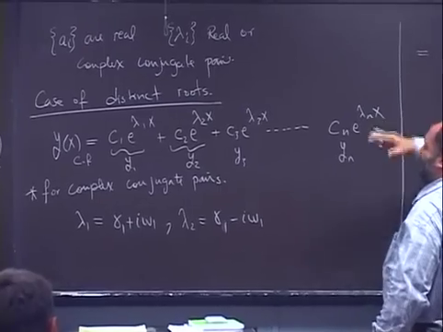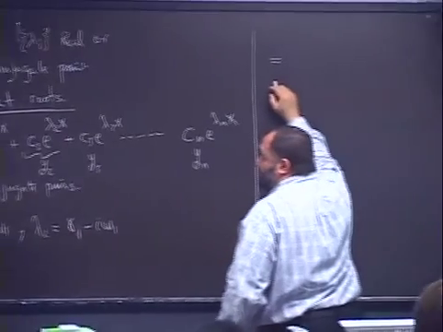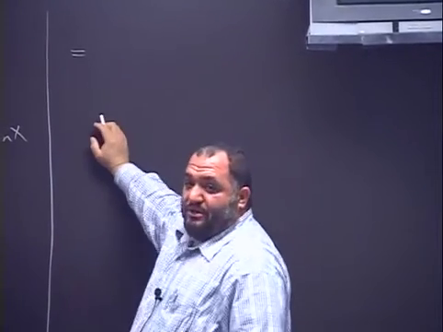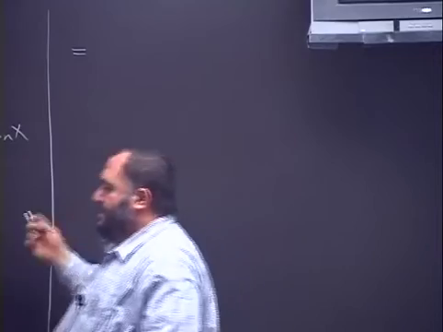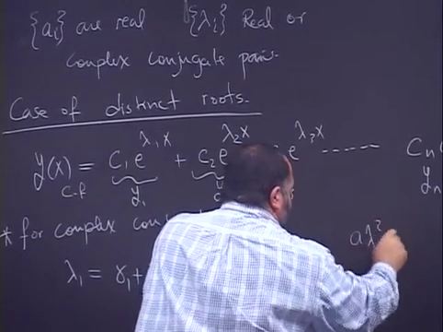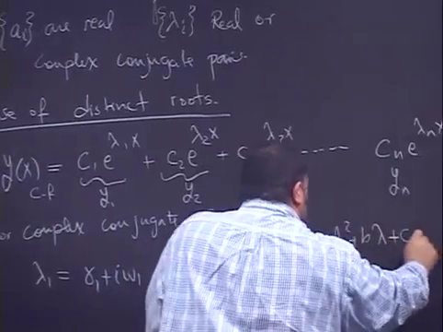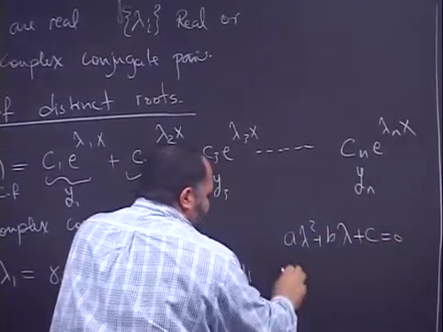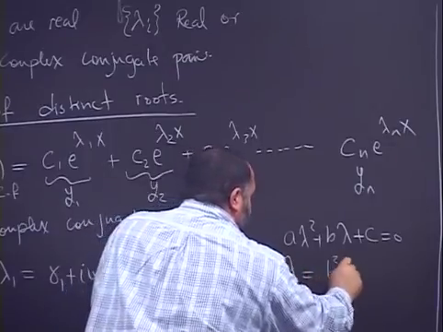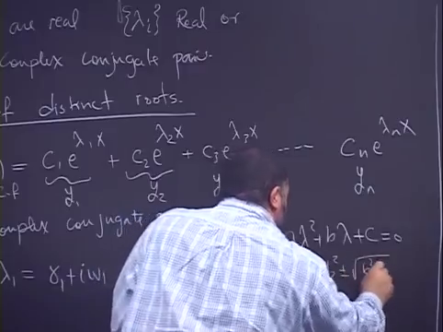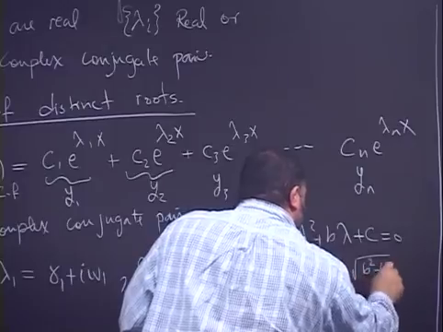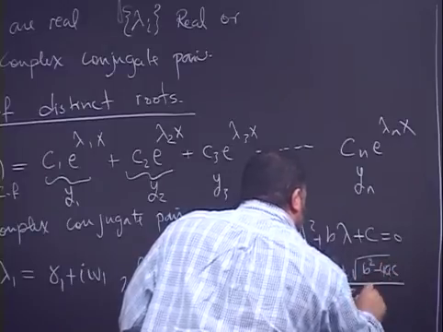If we have a second order linear differential equation, you will get something like a lambda squared plus b lambda plus c equal to 0, and then lambda equals minus b plus or minus the square root of b squared minus 4ac, over 2a.